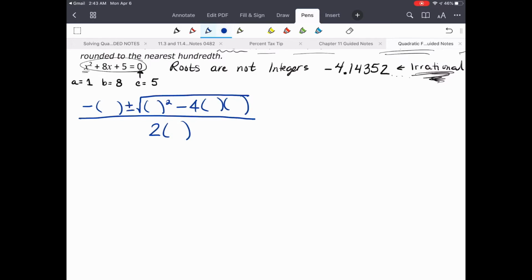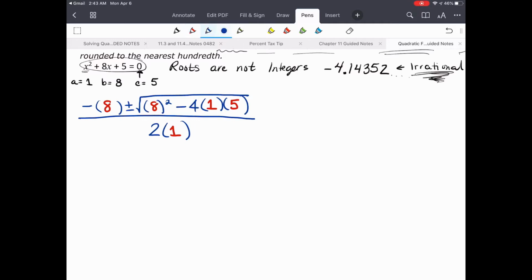And then in its place, I'm going to put those letters there. B is 8, so I'm going to put an 8 wherever there's a B. I'm going to put a 1 wherever there's an A. We're going to put a 5 in the one spot where there's a C.